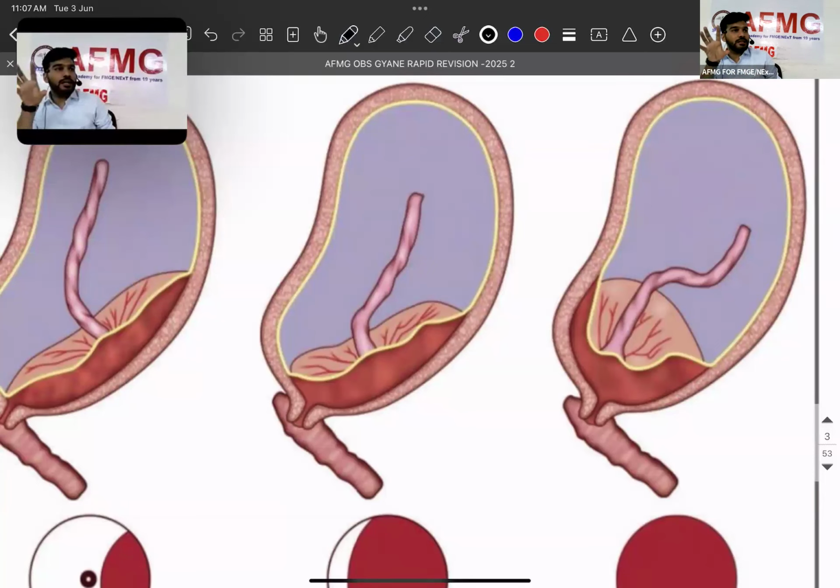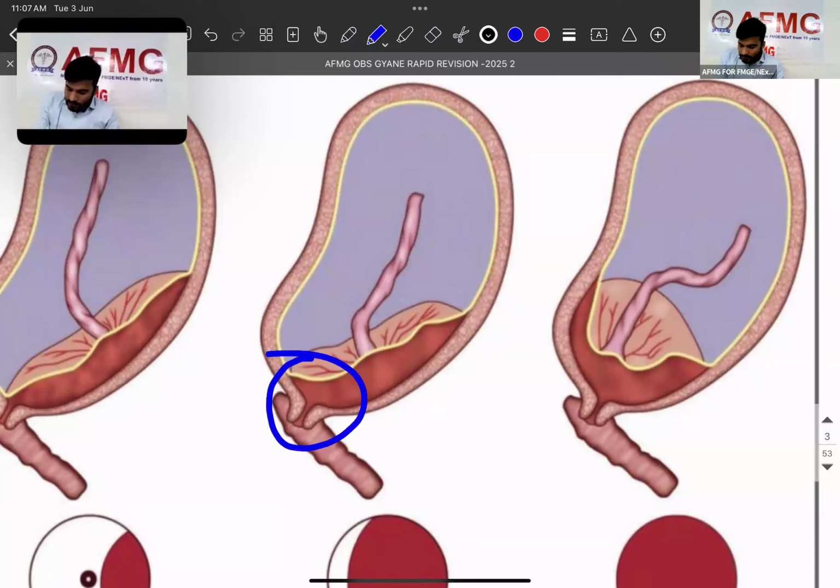If a patient is in term pregnancy and the placenta is on the lower uterine segment, it is closed. The door is closed. Can the baby come? Patient in term pregnancy, there is only one management. What will be the management? Cesarean section. Excellent.